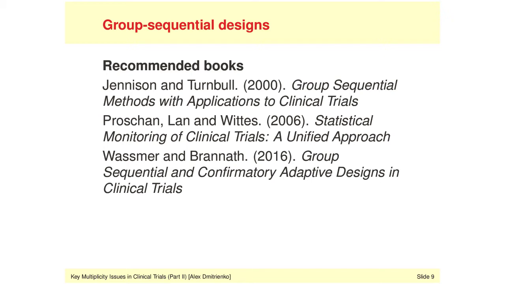And the other 2 books, Statistical Monitoring of Clinical Trials, a Unified Approach, and Group Sequential and Confirmatory Adaptive Designs in Clinical Trials, serve as an excellent source of information on many theoretical as well as practical considerations in group sequential trials and in general adaptive trials employed in confirmatory clinical trials.